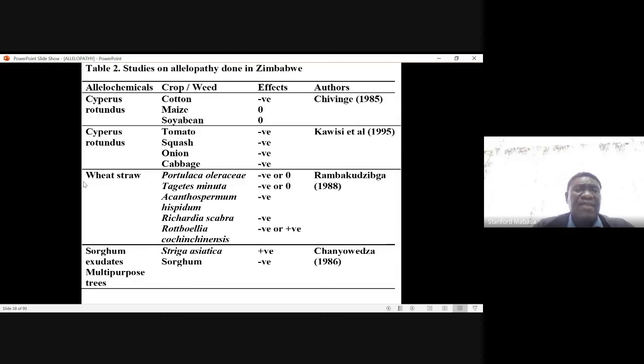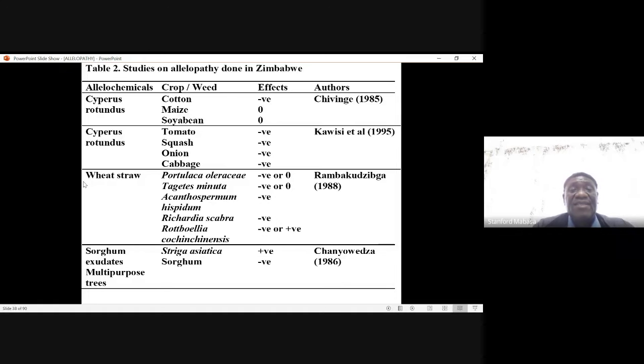Now, Cyperus rotundus, which is a serious weed, it may compete with various crops. It was found in cotton to suppress cotton. In fact, Chivinge, who noted it, found that at Henderson, some cotton was stunted in areas where there was Cyperus rotundus.